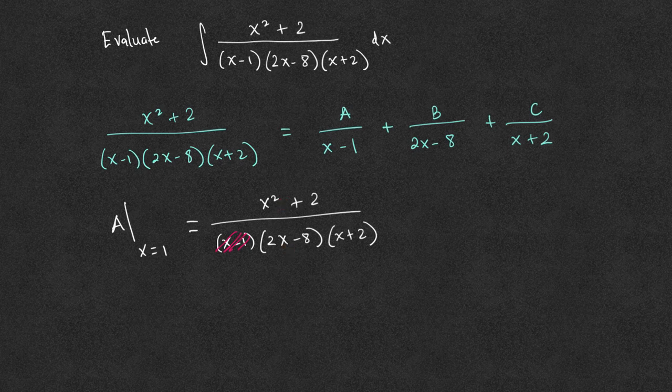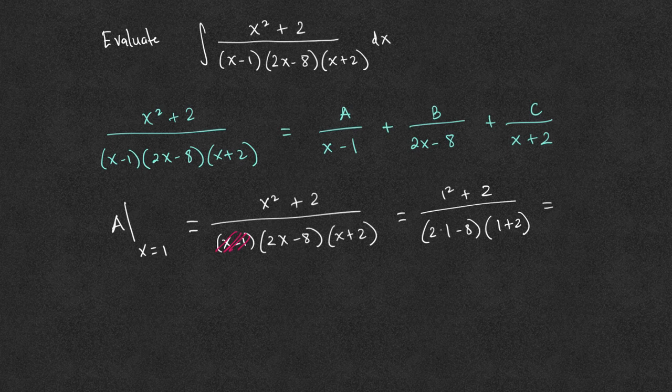Once we cover it, this is why this method is called the cover-up method. We would plug in (1 squared plus 2) over (2 times 1 minus 8)(1 plus 2). There is no need to evaluate the factor x minus 1 because we already covered it.